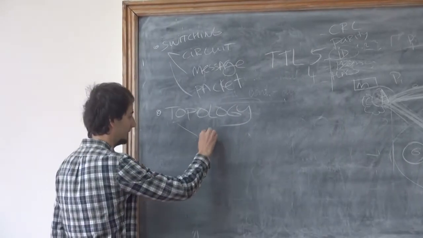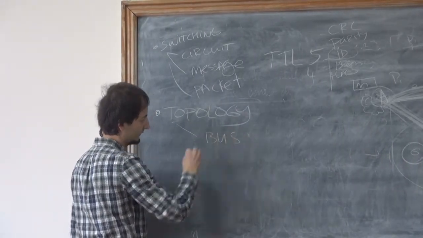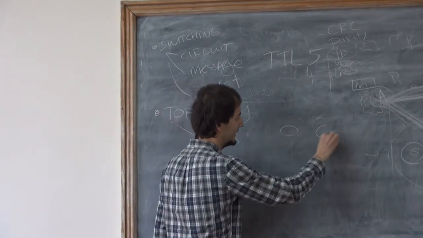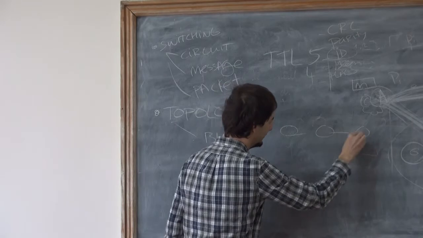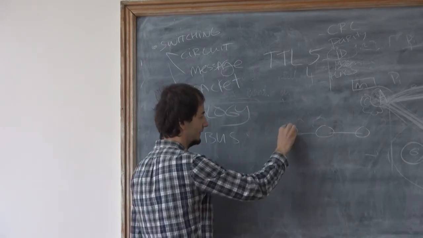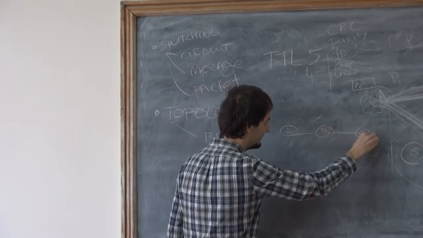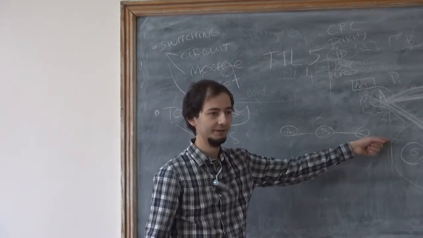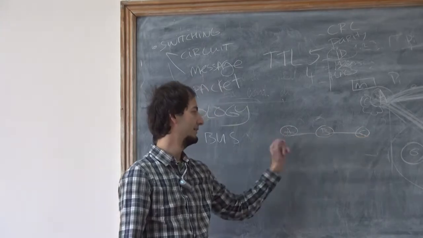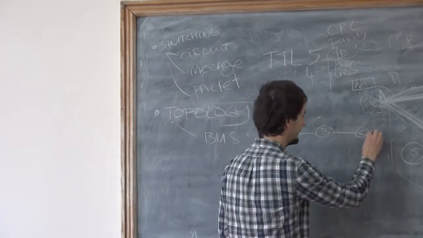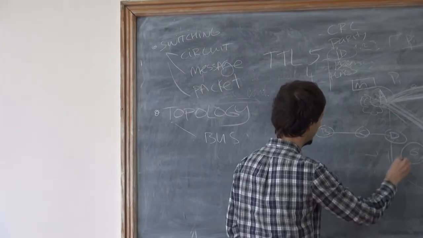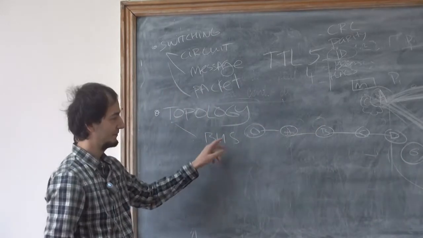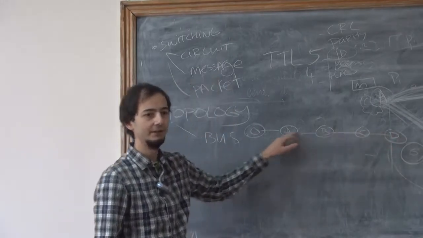For example, one type of topology is the bus network, where you have nodes connected like this, A, B, C. If you want to talk to C, you have to do it through B. And if you want to talk to A, you have to do it through B. It can go this way, and it could go this way. So they are connected in a straight line.